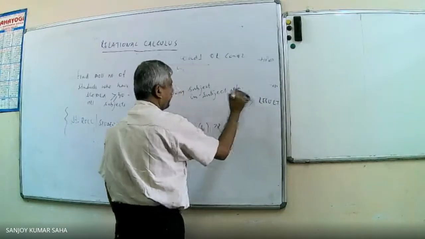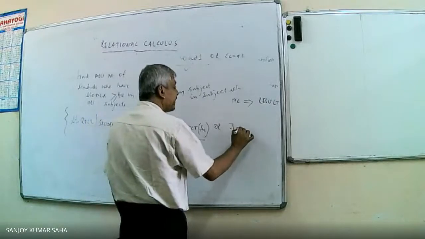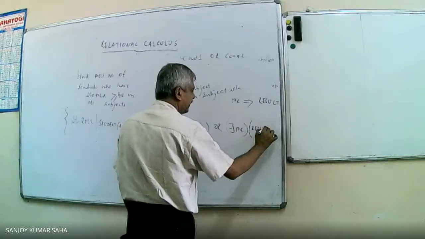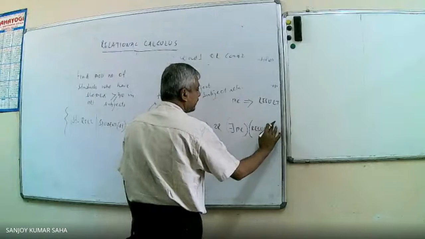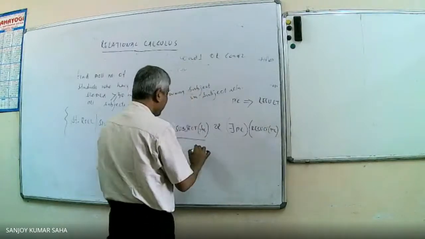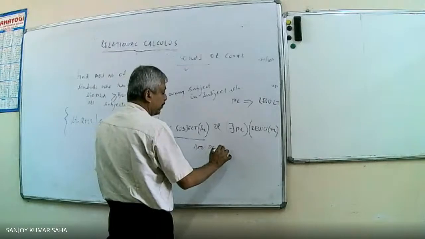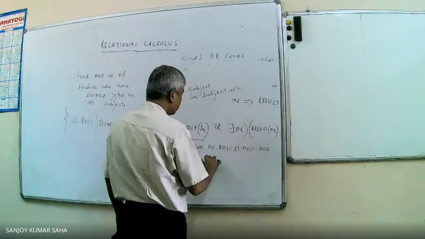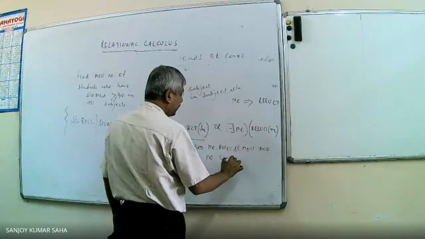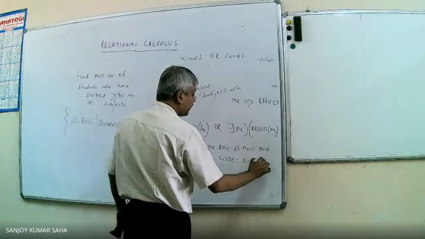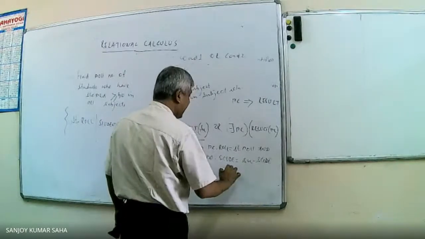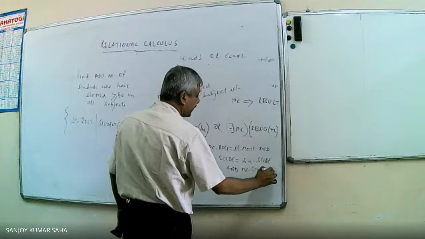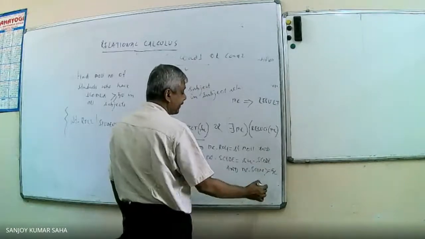There exists an RE in result such that RE dot roll equals ST dot roll, and RE dot subject code equals SU dot subject code, and RE dot score is greater than or equal to 50.